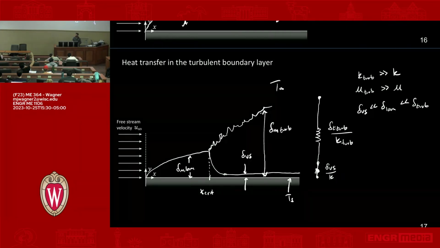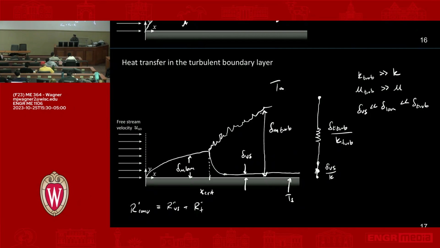So let's say we're going to estimate heat transfer with a resistance model. The convection resistance is equal to the resistance of the viscous sublayer plus the resistance of the remainder, which we'll call the turbulent layer. As we've said, that is equal to delta Vs over K plus delta T turbulent over K turbulent.